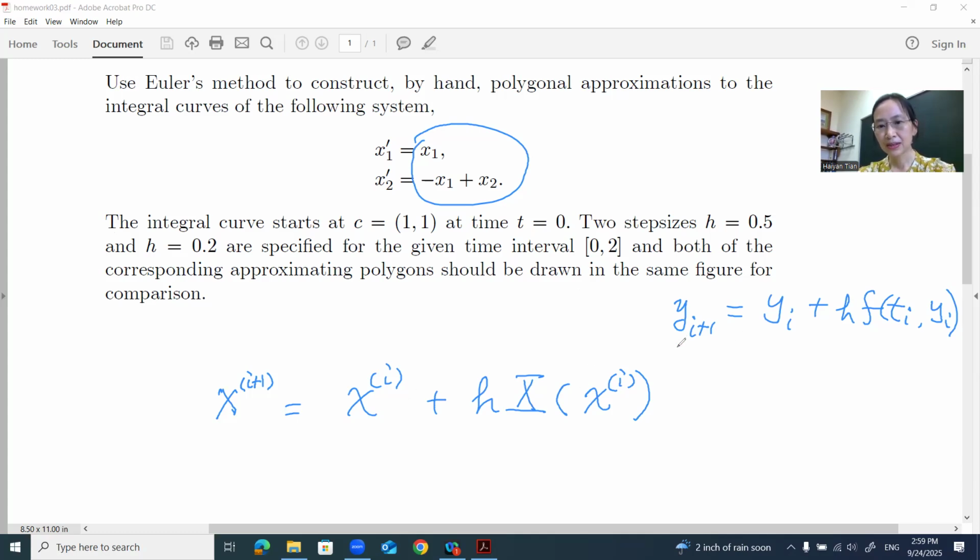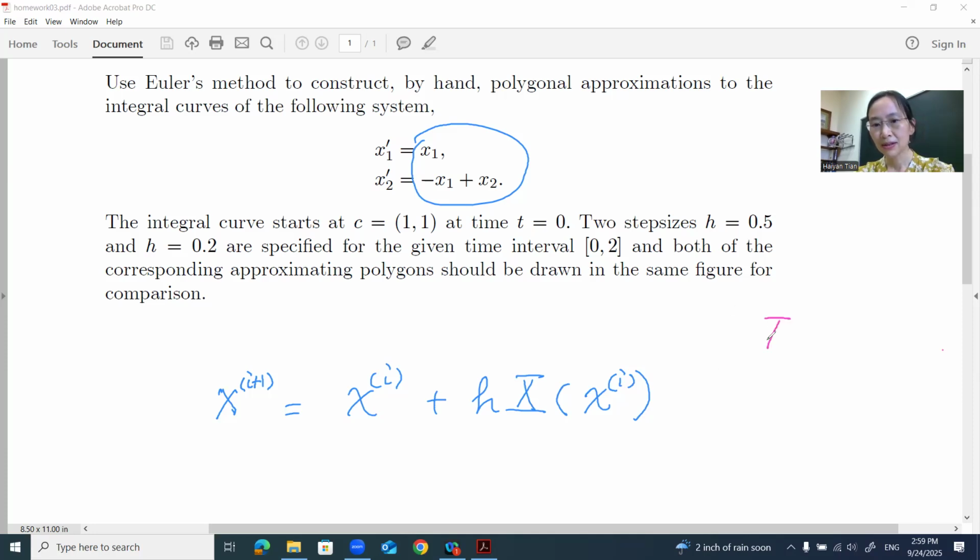See, exactly the same format, right? The previous value plus h times the slope function. Here, the slope function is replaced by the capital X. So use that format and you will calculate the x. Here we set up the notation, just so you know the meaning of the superscript.